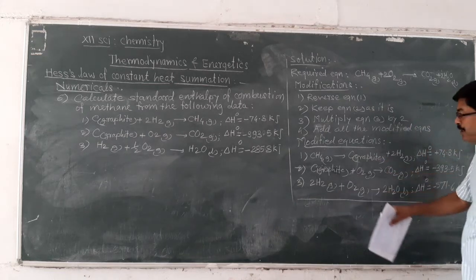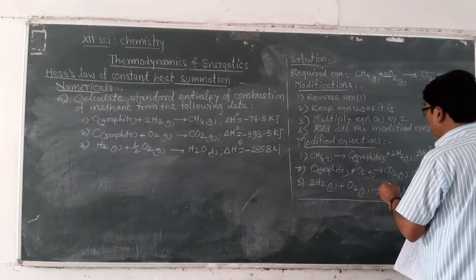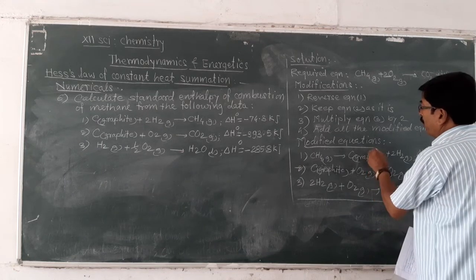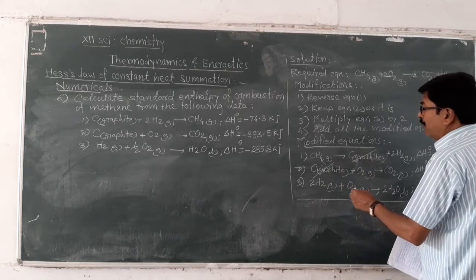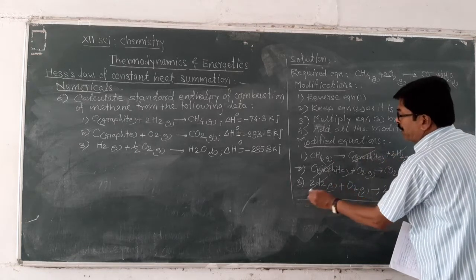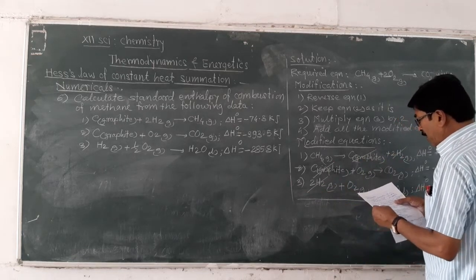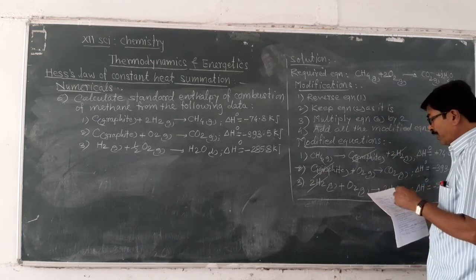Finally, you have to add these modified equations. Here, carbon graphite cancels. 2H2 gets cancelled. And what we get?